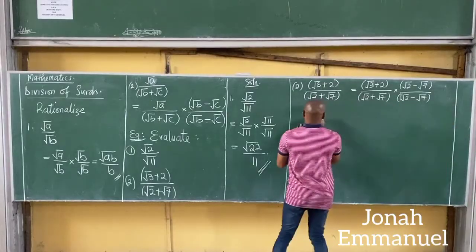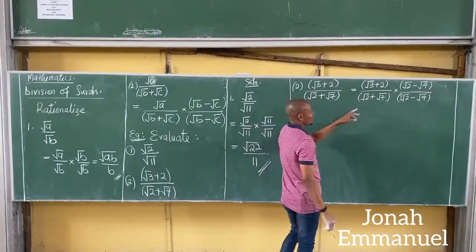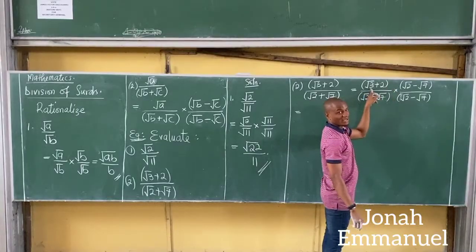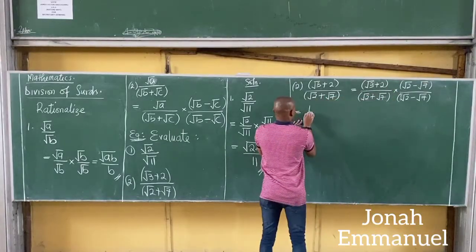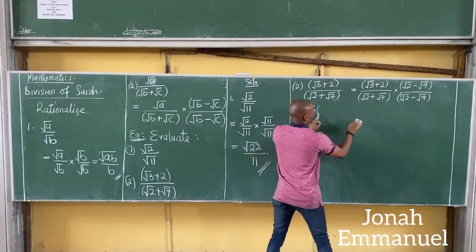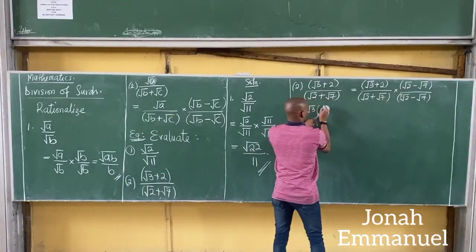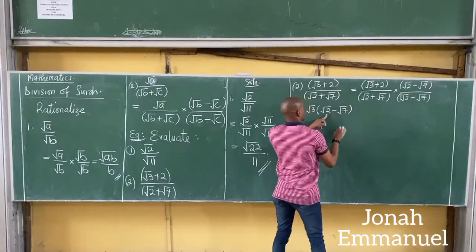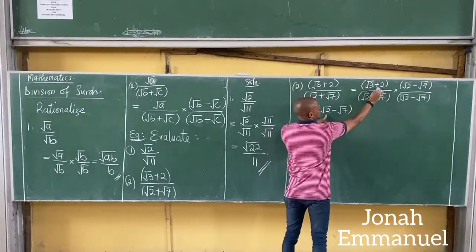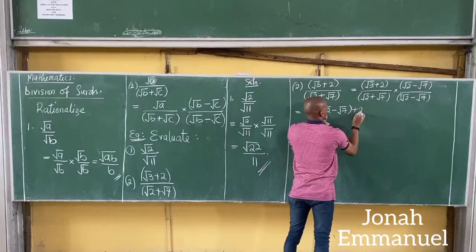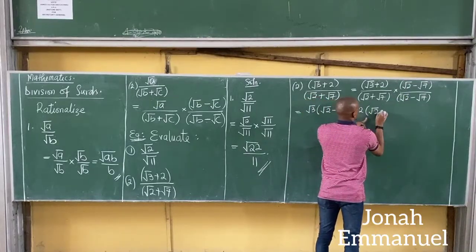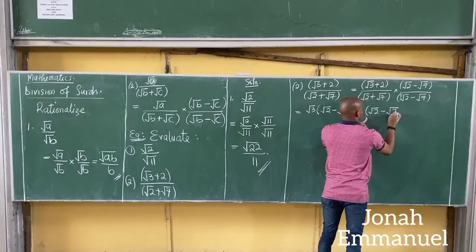Work this out. What do you get? How do we multiply these two things? We said use the first step here. Root 3, multiply everything here, root 2 minus root 7. Next up, take the second term, plus 2, multiply everything here, root 2 minus root 7.